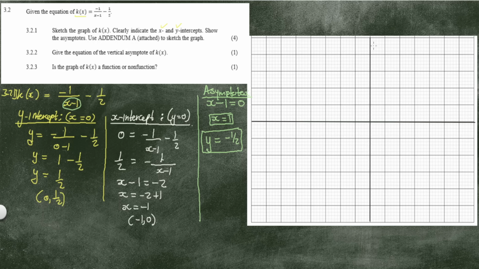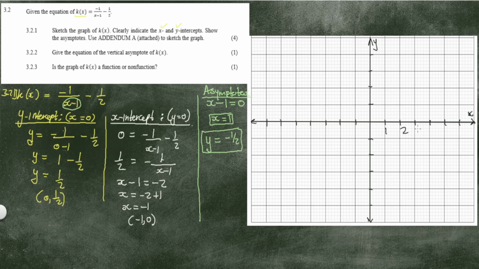All right, so we have the y, we have the x. Let's mark down the scale here.